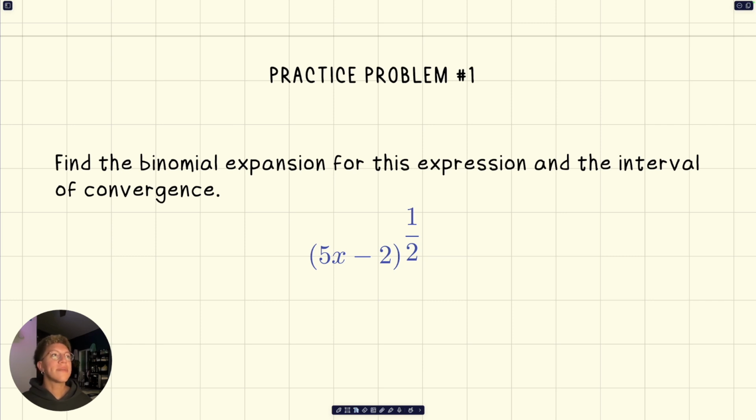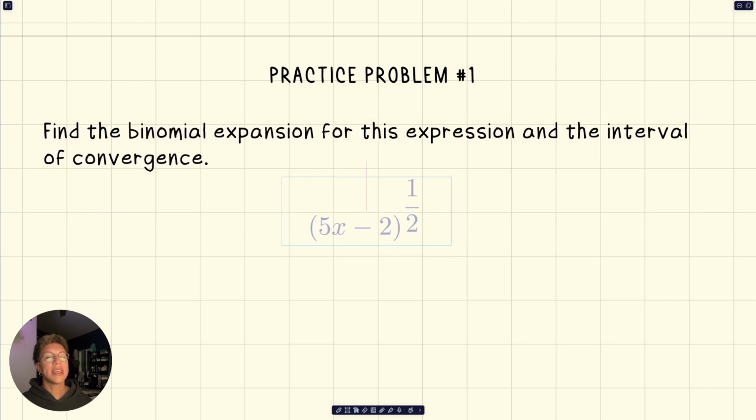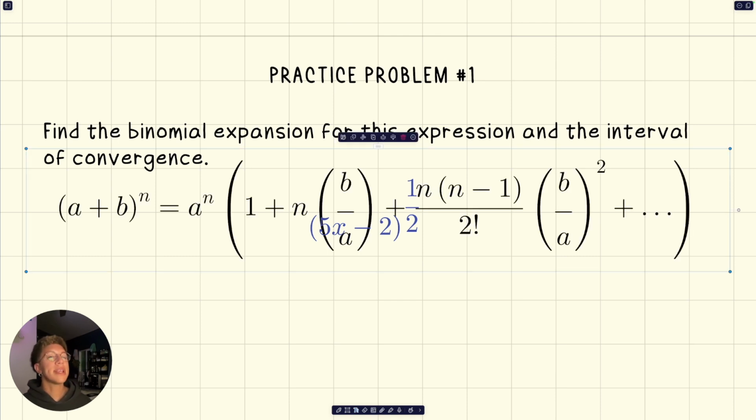So the very first thing we want to do is recognize that this is a binomial. It's raised to, again, a fractional power, not a positive integer, which means that to expand it, we have to use our new theorem, Newton's binomial theorem, and we're going to grab our extended formula because that one is a little bit easier to work with.